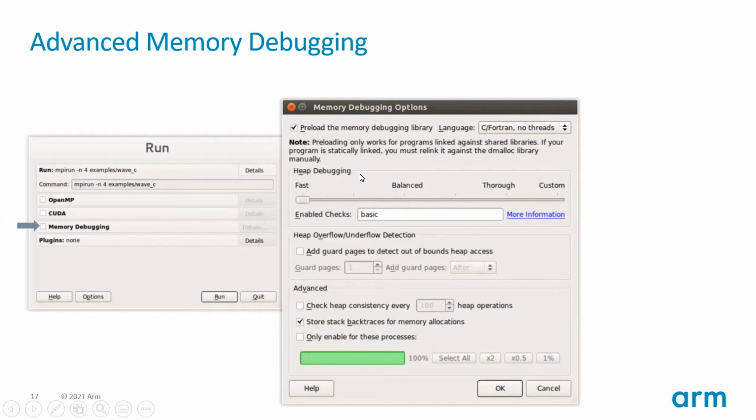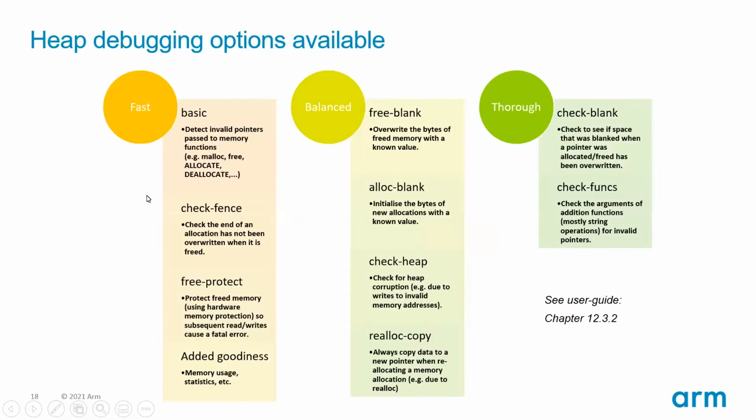Okay, so in particular, the fast, balanced, thorough, and custom. As you move from left to right, you turn on more and more of these checks. So essentially what we're doing is we're painting the regions of memory as soon as you allocate it with your standard allocation functions, whether it's C or Fortran. And we're running additional checks.